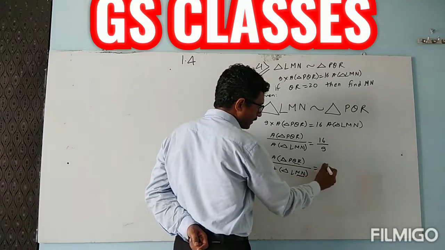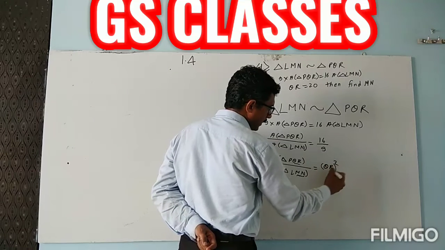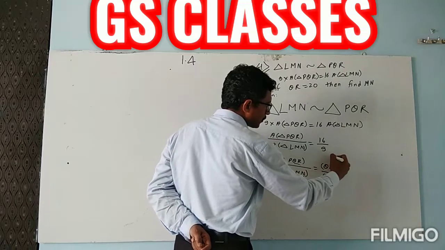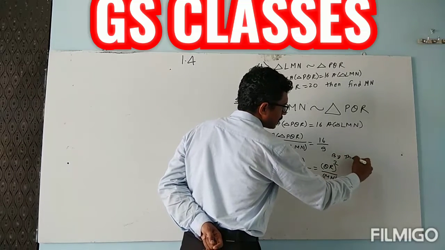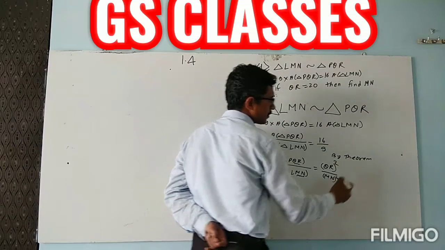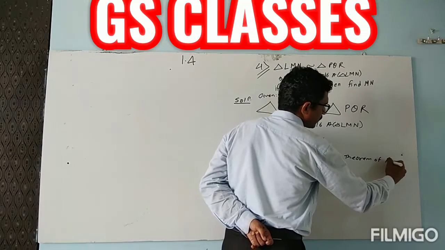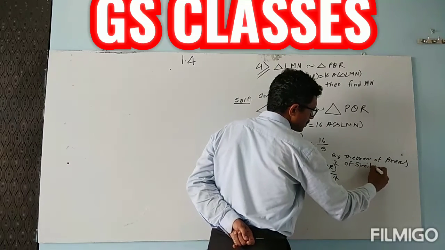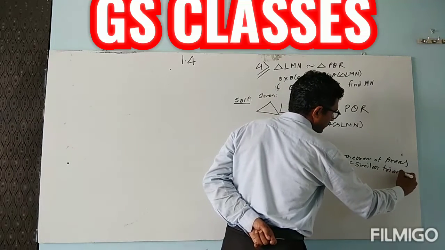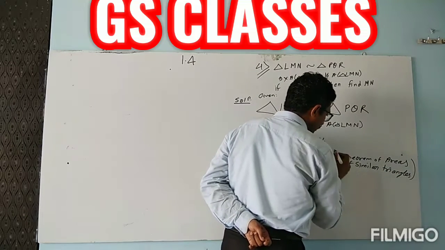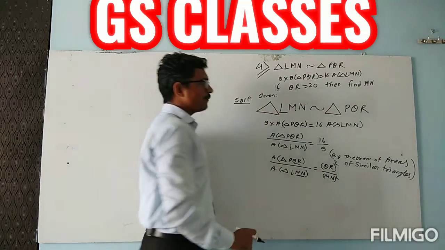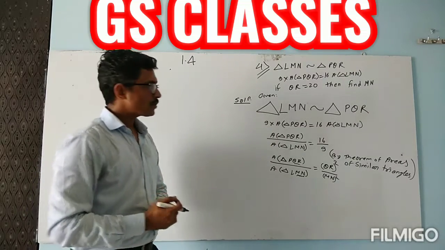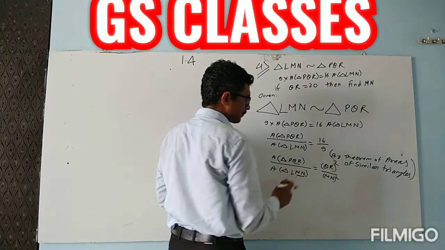So QR square upon MN square. This we are able to write by theorem of areas of similar triangles. Children, it is very important to mention whenever you are using this theorem. Otherwise, in the exams, they will deduct your marks. So this point you have to mention.